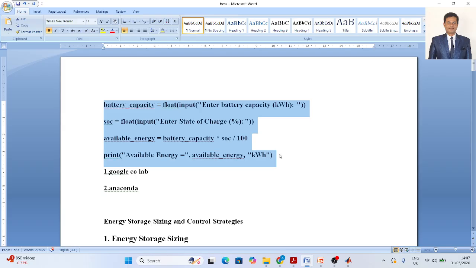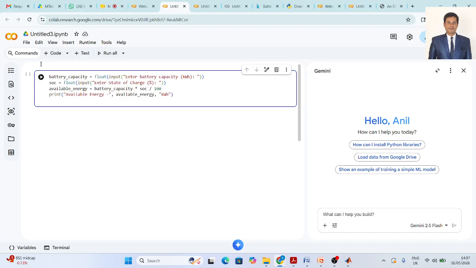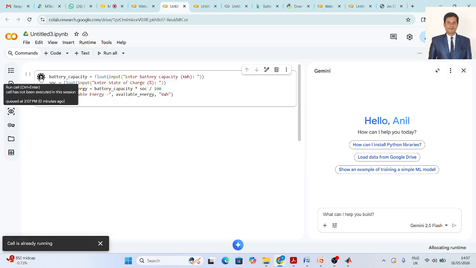I want to check the available energy, right? Available energy I want to check. Right, this is my program. I will give it in the Google Colabs. Okay, all right. So I have earlier already given those cells. Okay, cell data is already given.